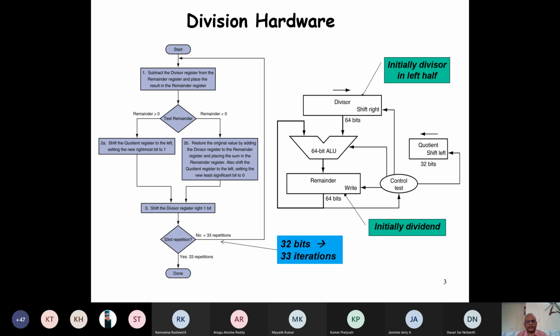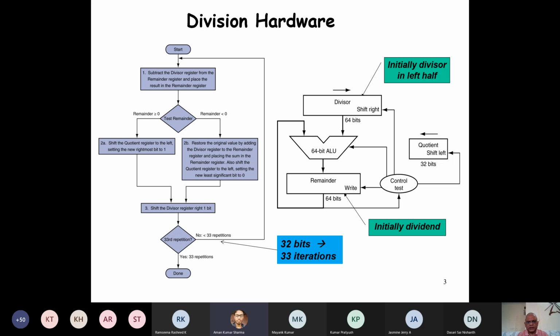Now let's look at the division hardware that we discussed. Yes, please. Sir, I have a doubt in the previous slide. Your name is Aman, right? Yes, sir. Sir, you have said that we will do division for only the unsigned bits.